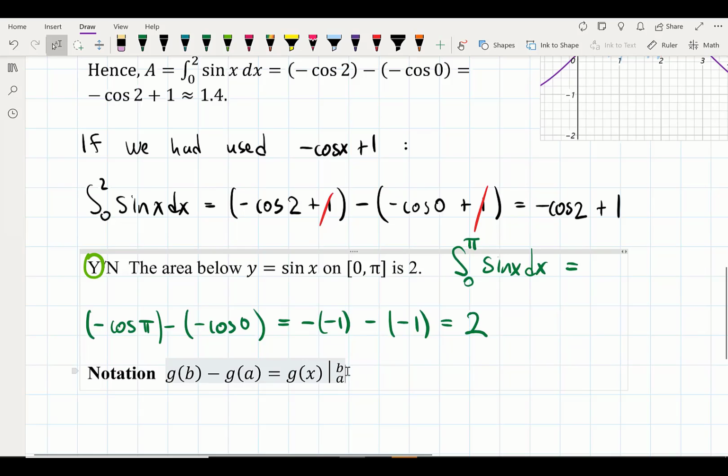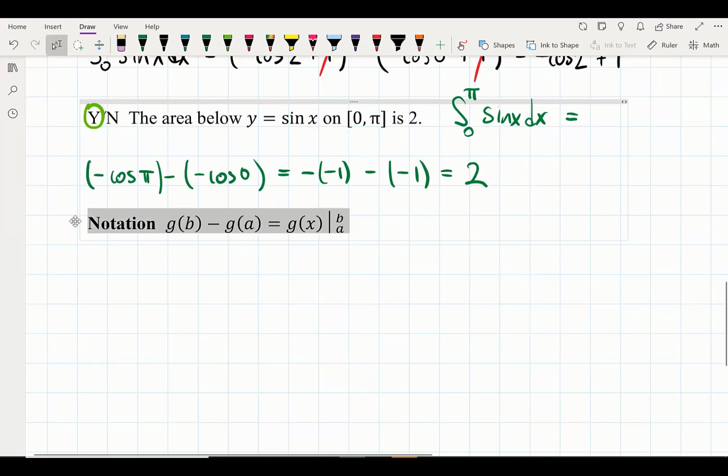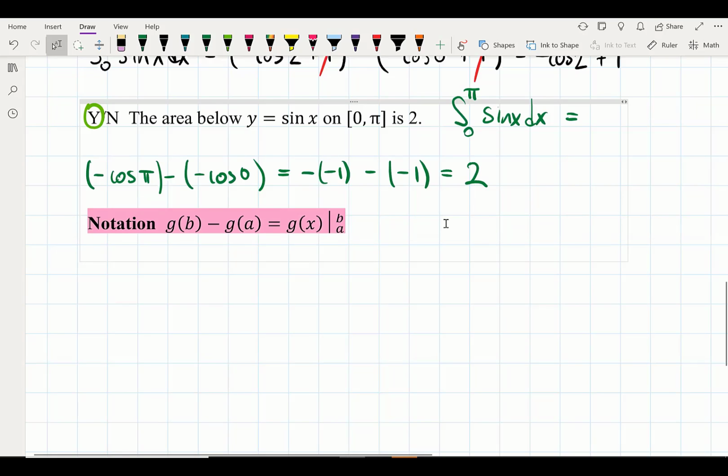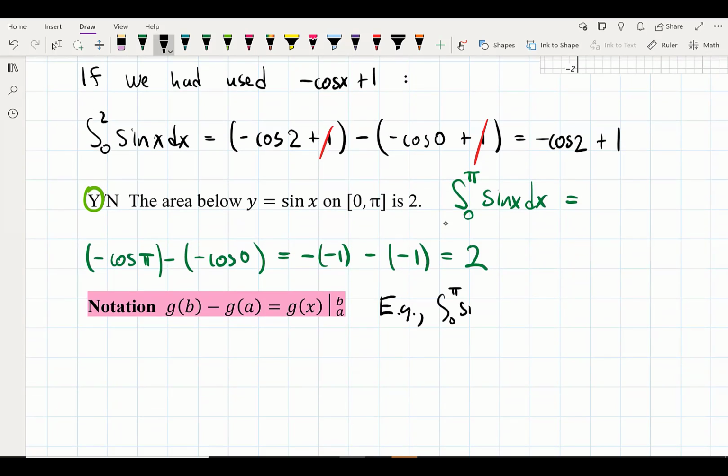Okay, so this is kind of a more convenient way to write a lot of these formulas. So for example, in the above calculation, 0 to pi sine x dx, I could also have written that as negative cos x, and then the vertical bar and the 0 and pi.